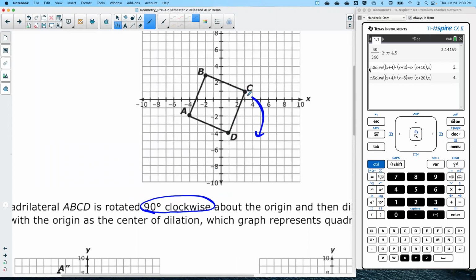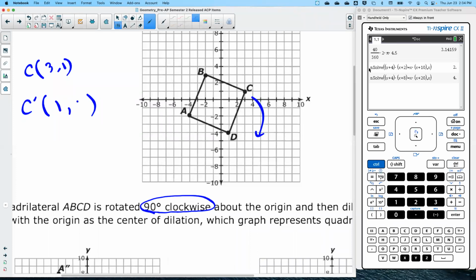Okay, so let's take this one. When you rotate it, what happens? I'll just do C since I already pointed it. What is C's point right now? 3, 1. Do you remember what happens when you rotate it? If you go 90, it'll always swap these two, and something will go negative, one or the other, depending on which way you rotate it.